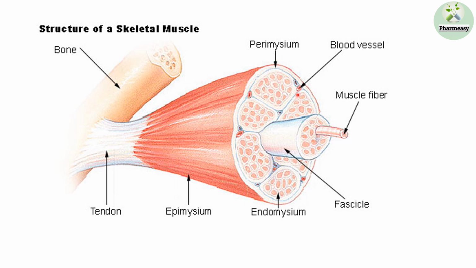And within each fascicle, muscle fibers are present. And outer covering of muscle fiber is known as endomysium. So, outer layer is epimysium, middle one is perimysium, and innermost is endomysium. I hope you understand it very well.